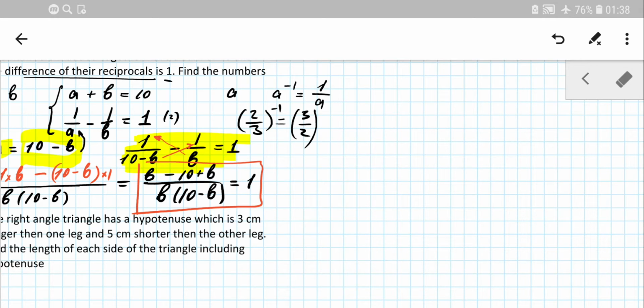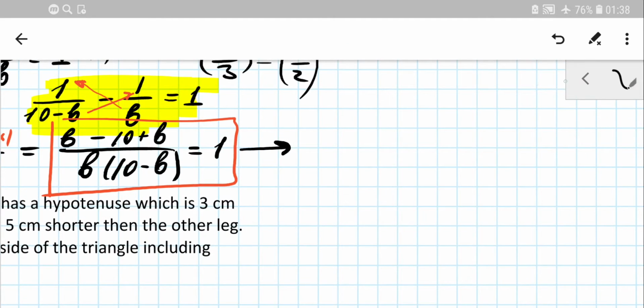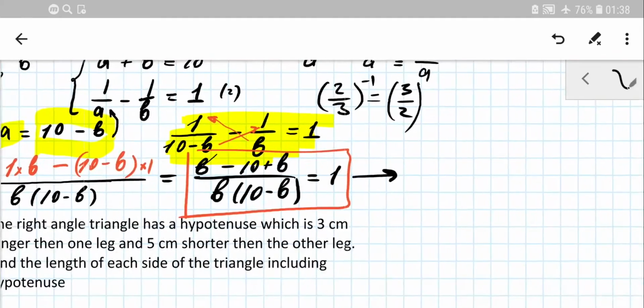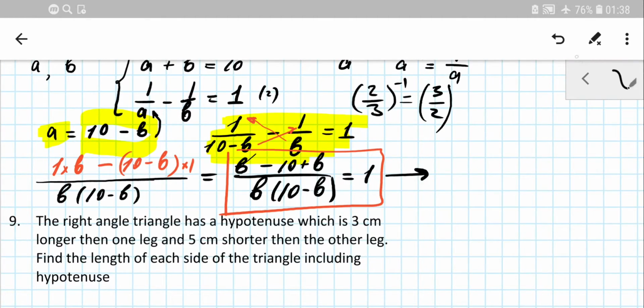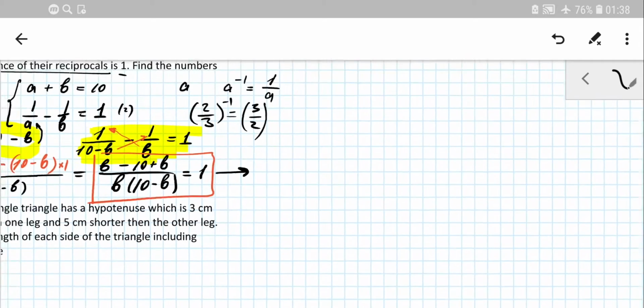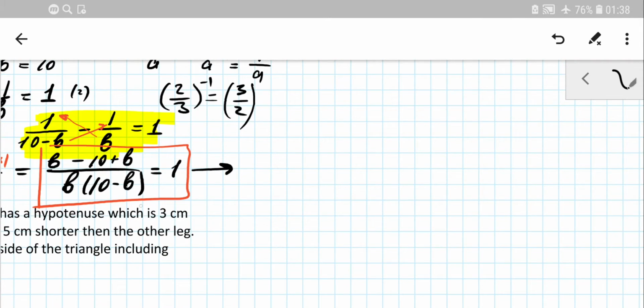Alright, let's see that. So what we've got, we need to solve that one. So first of all, we cancel b. Oh no, we're not able to cancel in this case. Sorry, my bad. Okay, so we've got 2b minus 10 over b times 10 minus b.